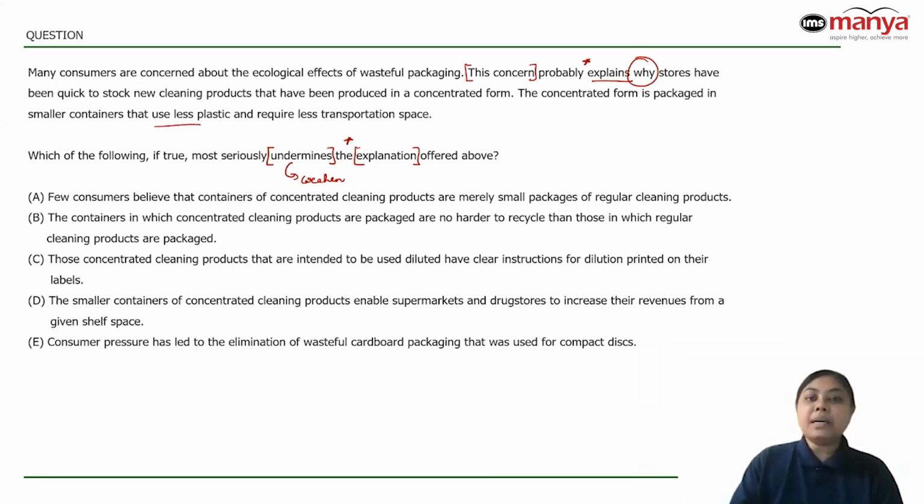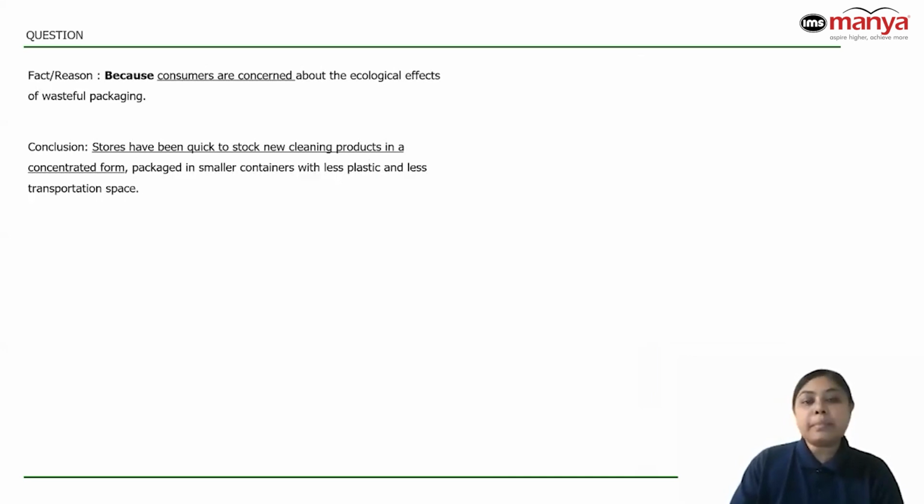This para gives me a simple pattern, which is a cause and effect pattern, where the author's conclusion is that because consumers are concerned, this particular concern is the reason why stores have been quick to stock new cleaning products in a concentrated form.